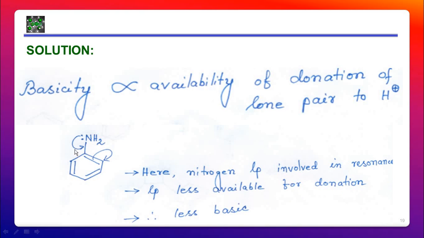In case of aniline, the nitrogen lone pair is getting delocalized across the benzene ring. So here the nitrogen lone pair is less available for protonation, so it is less basic.